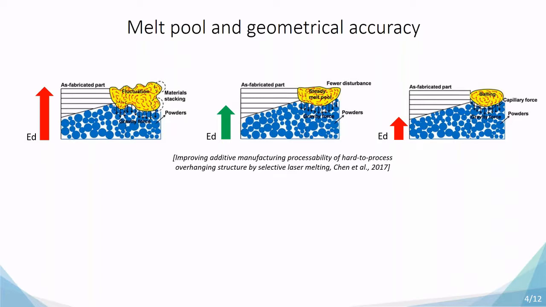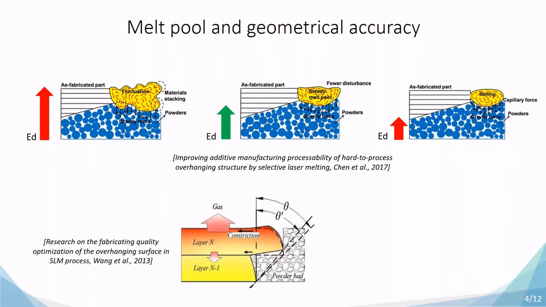So, for example, if we use an energy density which is too high, we create a big and turbulent melt pool, which can absorb more powder than is actually intended, creating an unstable and big melt pool. Whereas if we use an energy density which is too low, the capillary forces can prevent the melt pool from successfully attaching to the previously printed part, and that results in pulling.